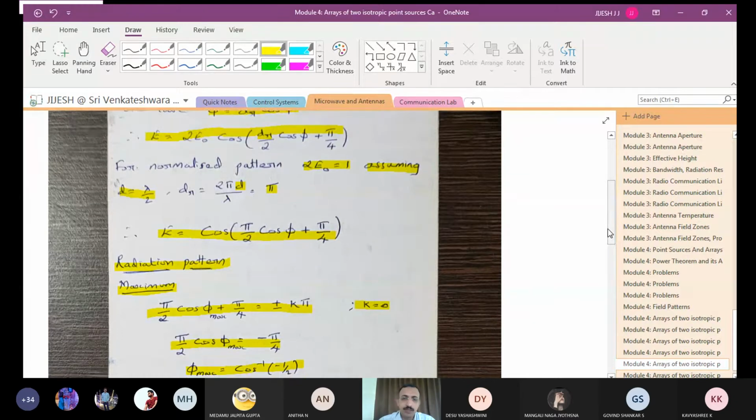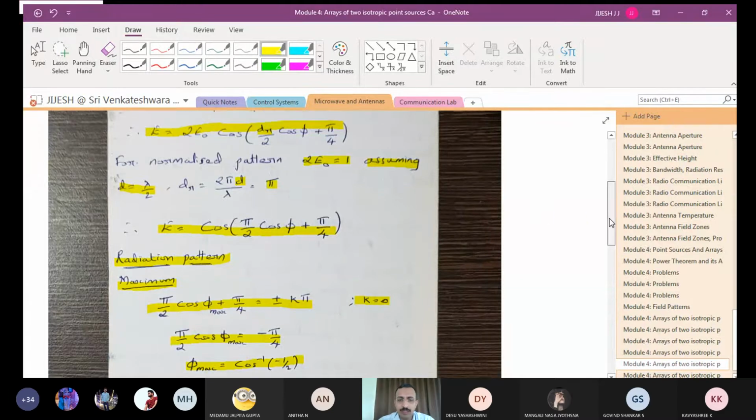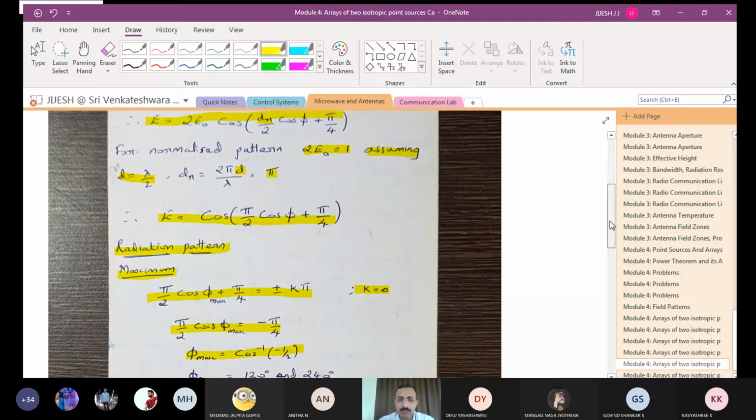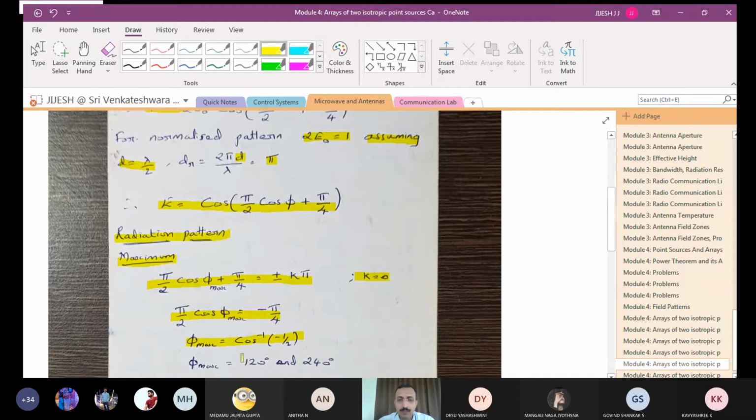So as of now, you got phi maximum is equal to cos inverse of minus 1 by 2. Now when you write the angles for this cos inverse of minus 1 by 2, you get phi max is equal to 120 degrees and 240 degrees.